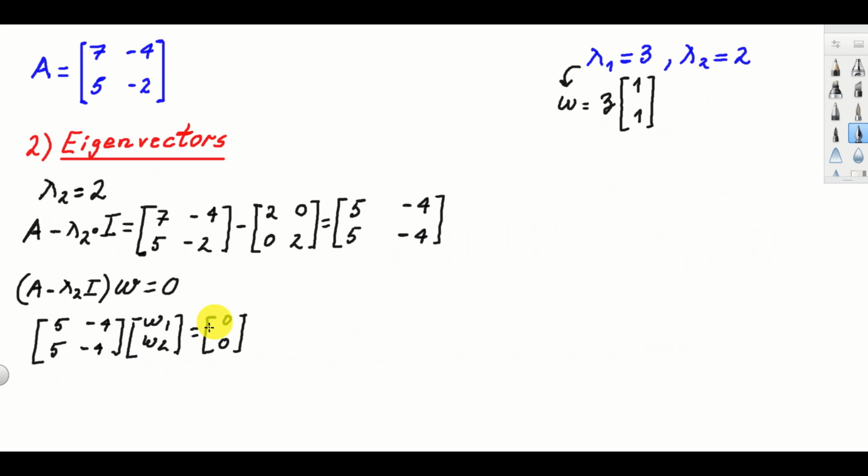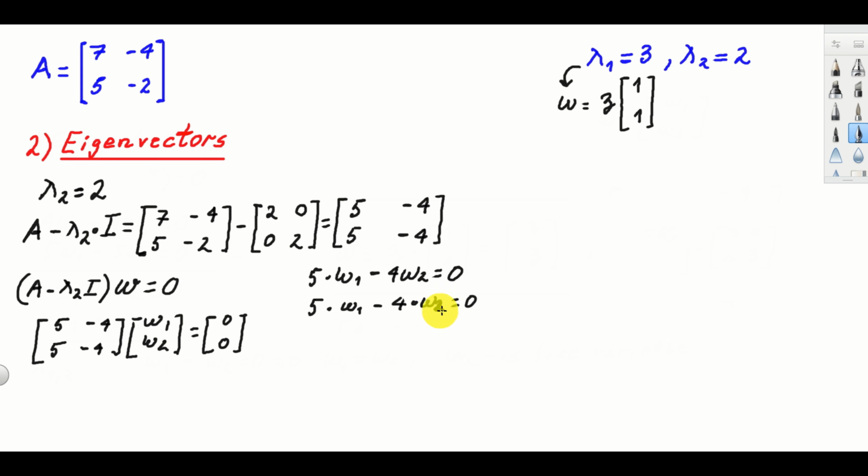And if we expand this system, we will obtain, let's write it over here, the first equation is 5 multiplying w1 minus 4 w2 is equal to 0, and the second equation is 5 multiplying w1 minus 4 multiplying w2 is equal to 0.